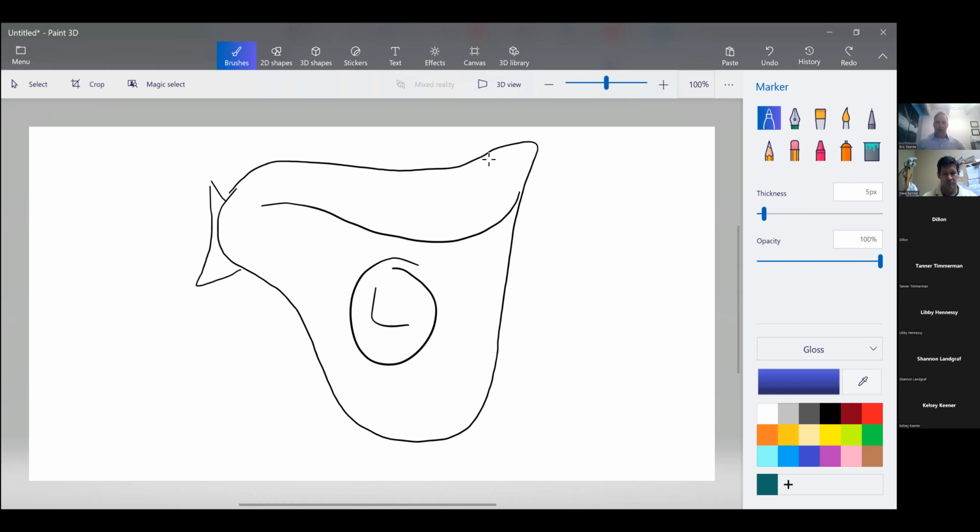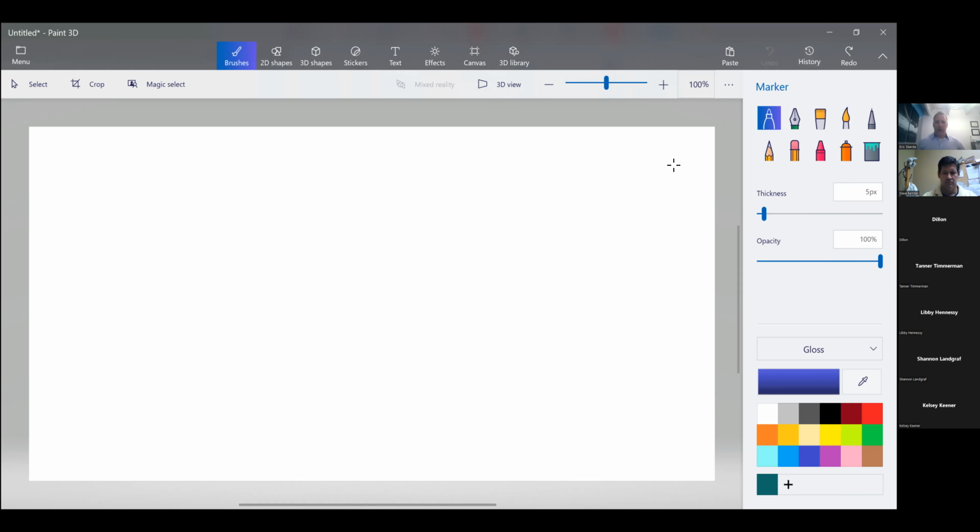Okay, so the levator here, let's just go, I'll make this a little smaller so that you guys can see it a little better. Almost had it. There we go. Close enough.